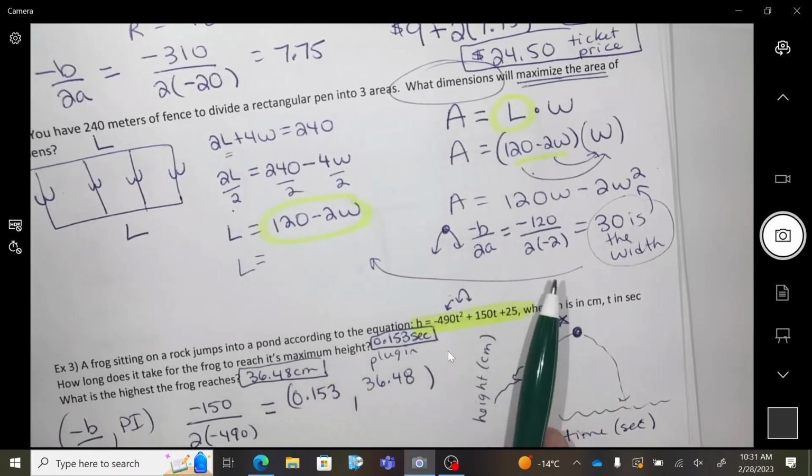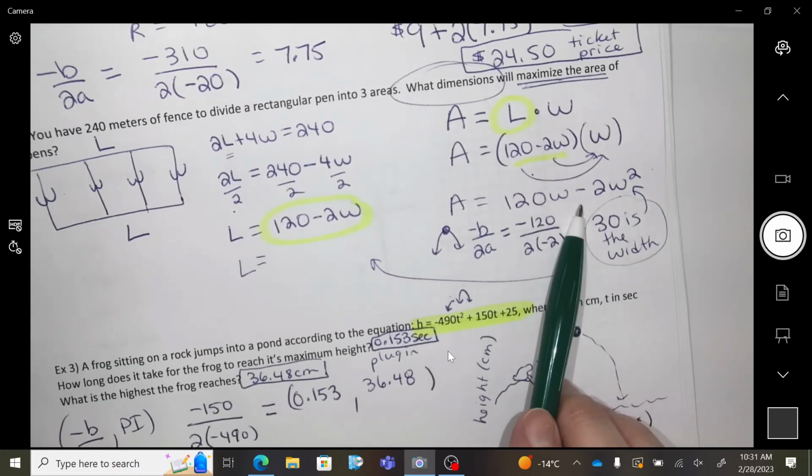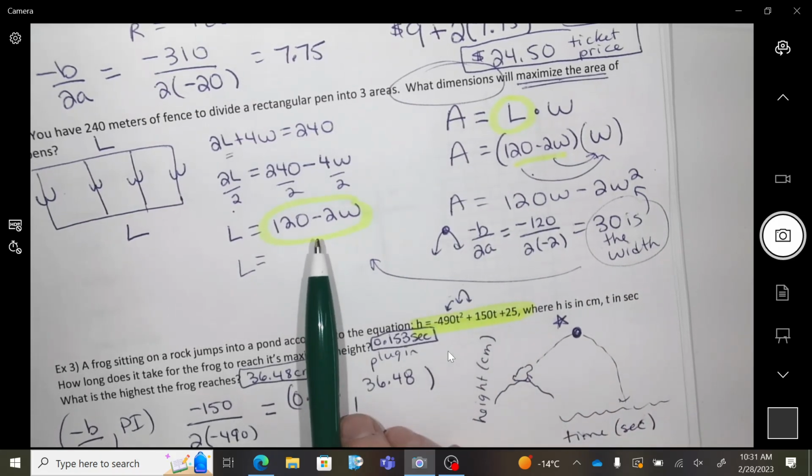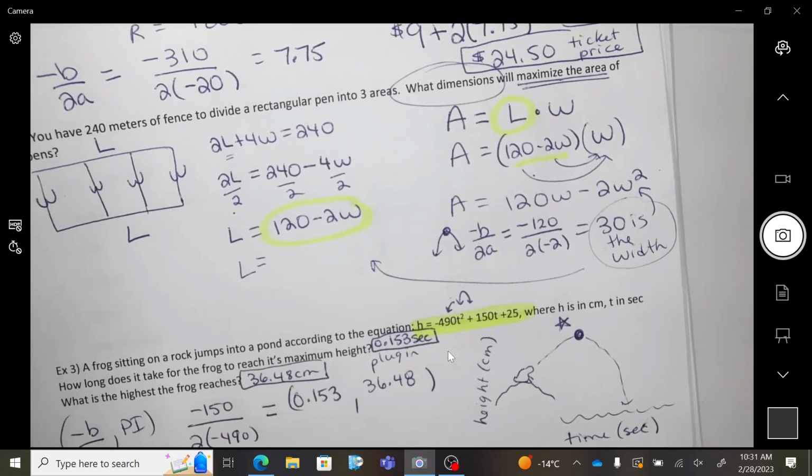So do you see I'm choosing this equation to plug it in? Because if I chose that one, it would get me an area. If I choose this plug-in, it will get me an L. So you have to understand the input-output situation.